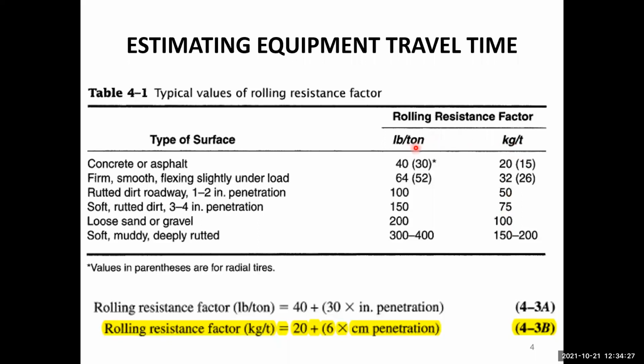And then there is the other type of ton, in the US customary units, which is about 2000 pound. So ton and ton are different over here. Normally we prefer the SI system of units. If it is a soft, muddy, and deeply rutted surface, the rolling resistance will be even greater.